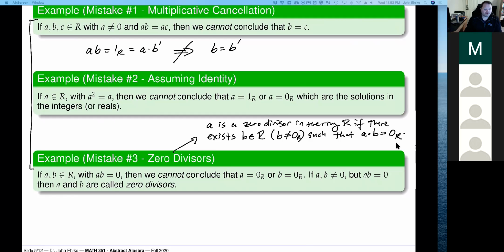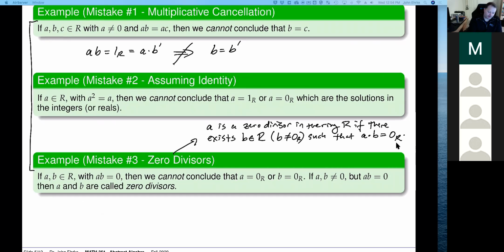You can have two non-zero elements give 0 without either of them being 0. A good example of this would be to consider the ring 0, 2, 4 in Z6. Is that the one I want? Yes. No, consider the ring 0, 2 in Z4. No, I can't do that either. Here's one.